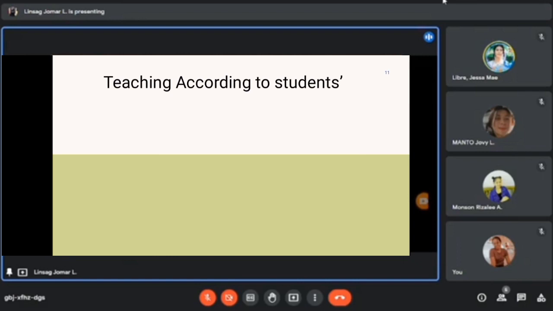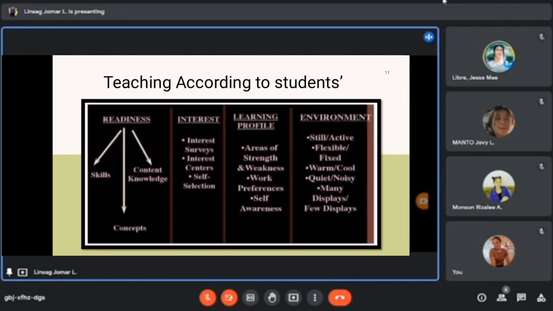Teaching according to students. Now, how can a teacher differentiate according to students' needs? Teachers can differentiate according to students' needs based on characteristics, as students differ in their readiness to work with a particular idea or skill at a given time, also their interests and pursuits or topics, and their learning profiles, which may be shaped by learning style, group, and environmental preferences.